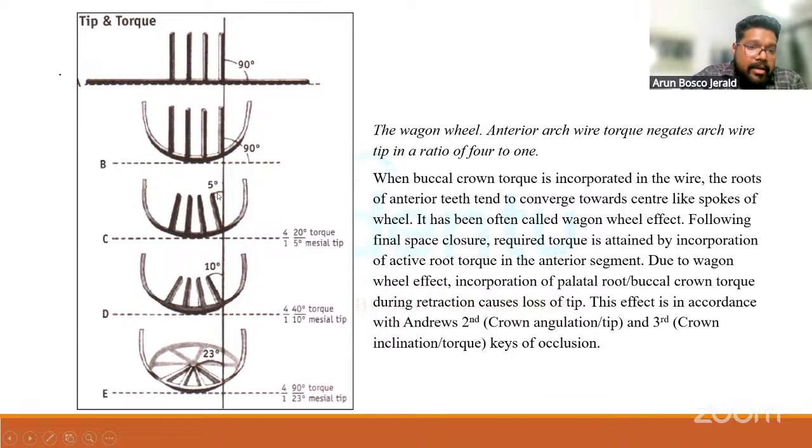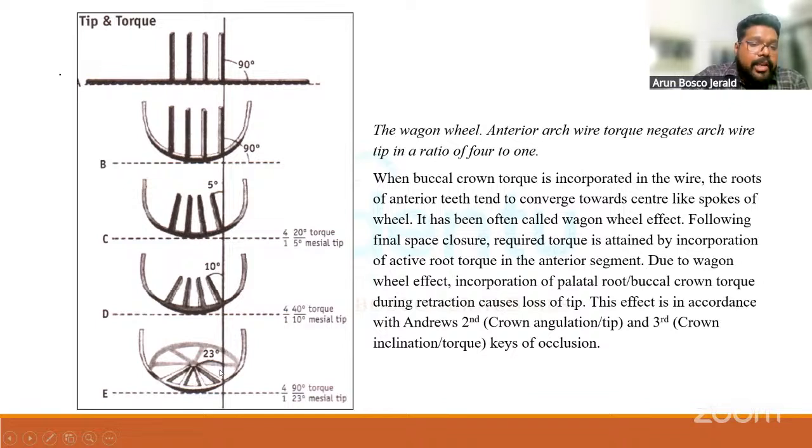We are adding 5-degree torque here. That means the rod has moved lingually or palatally. But when you see from the front, you can see that there is a tip which is created because of the torque. When we add more torque, these will approximate further.